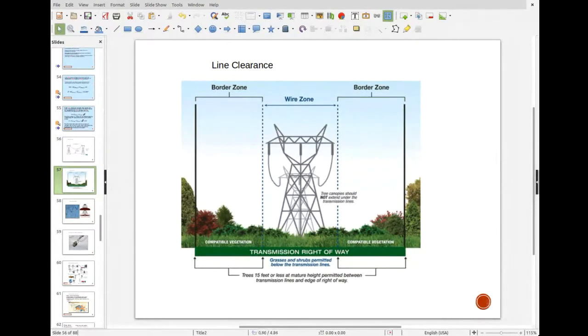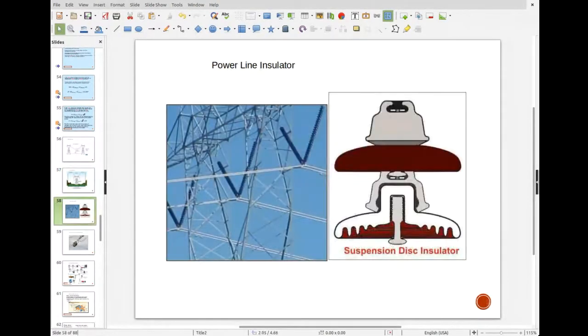All right, so this is just some slides talking about this power transmission stuff. Another thing to think about is you've got all these power lines running hundreds and hundreds of miles, and in the wintertime you get ice on these, like an ice storm or something like that. So you see these big insulators here. That's just showing what these things look like.